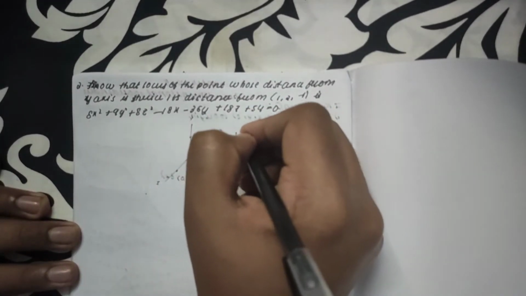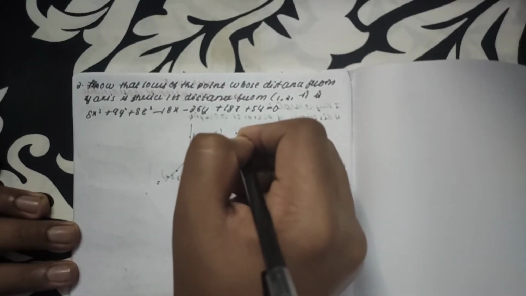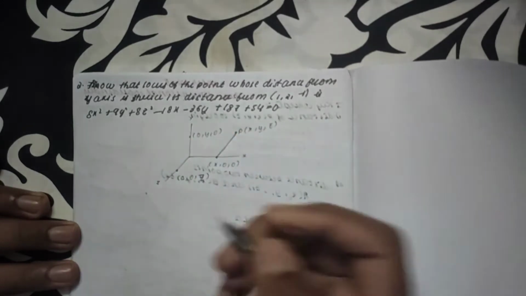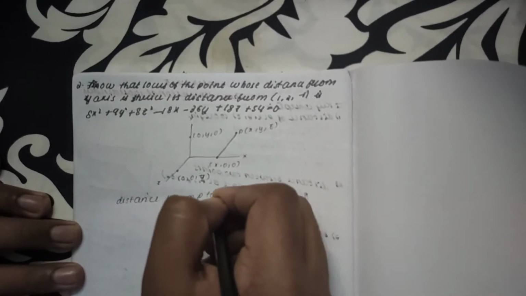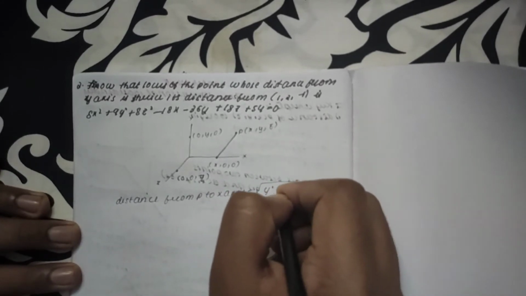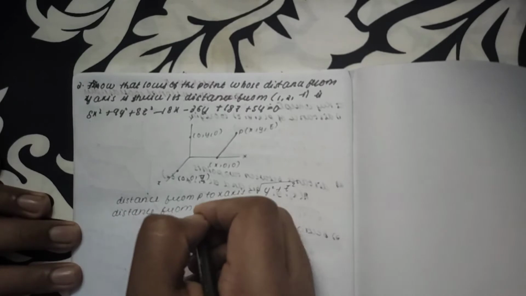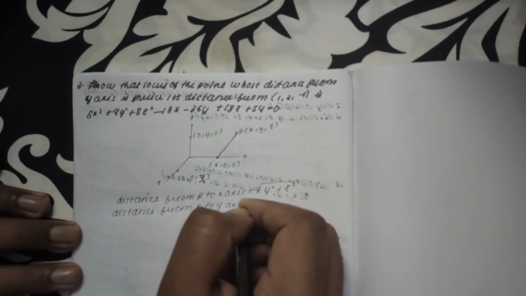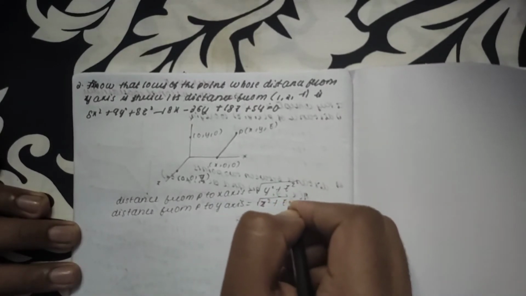If we assume a point P on the plane (x, y, z), the distance from P to the x-axis is root over y square plus z square. Apply the distance formula. Similarly, the distance from P to the y-axis is root over x square plus z square.